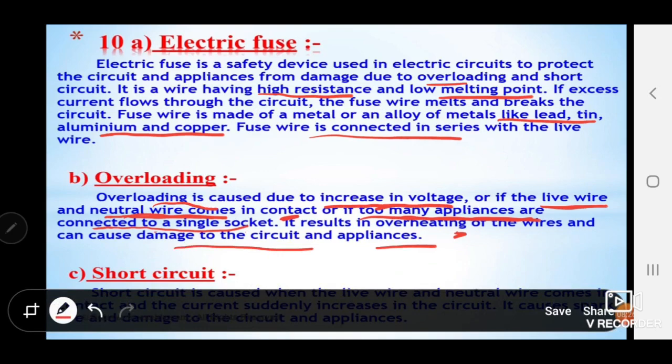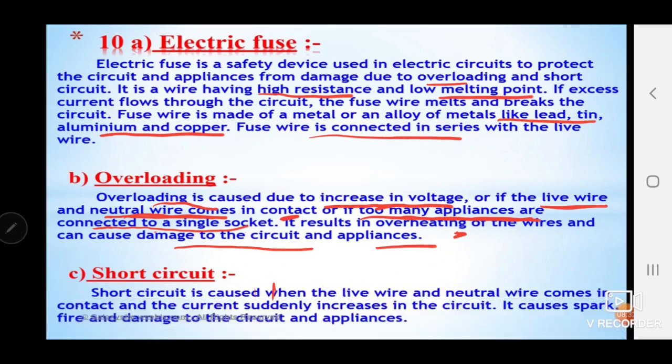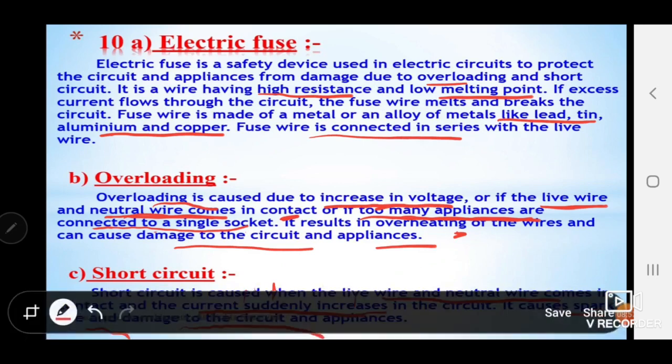And one more term, it is the short circuit. When is it going to happen? So, short circuit is caused when the live wire and neutral wire come in contact. So, keep in mind, short circuit occurs when the live wire and neutral wire come in contact. If this happens, the current suddenly increases in the circuit and a spark fire will occur, and it damages the circuit and appliances.